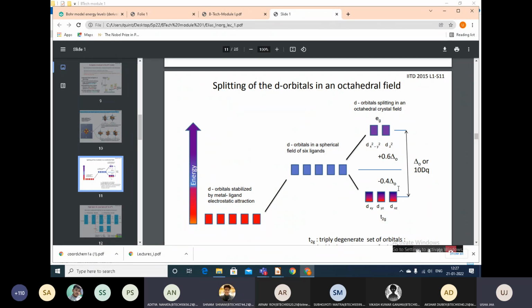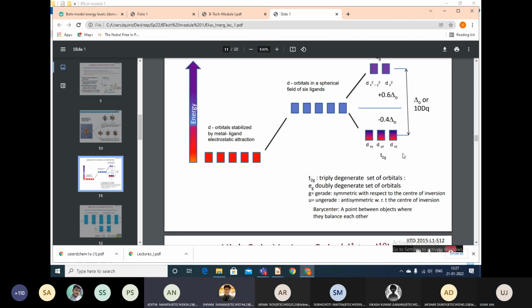Minus 0.4 delta O. And these are doubly degenerate, meaning these 2 are increased in energy. They are at the same equal level, but at a higher level, and this increase in level is 0.6 delta O. Okay. So this T2g is a triply degenerate set of orbitals, and Eg is a doubly degenerate set of orbitals.